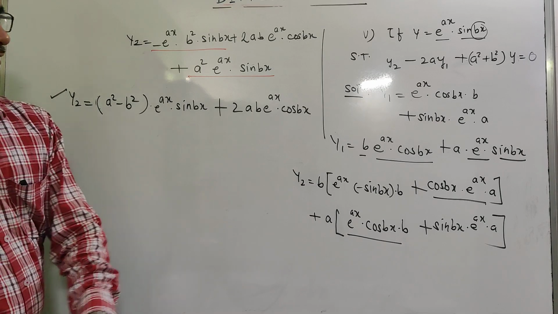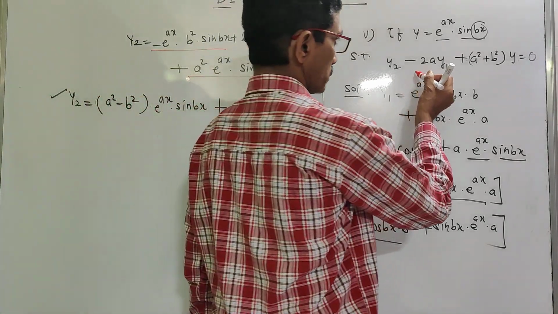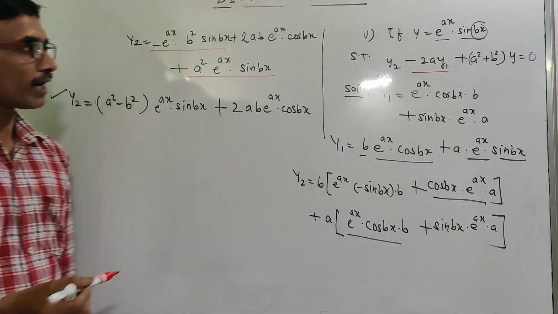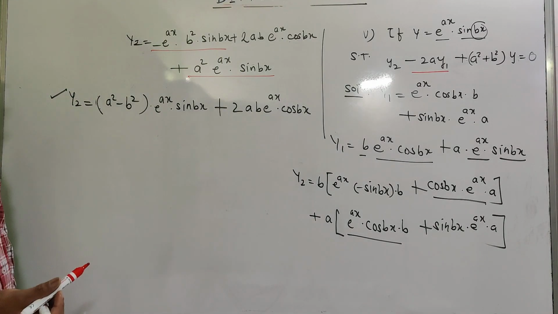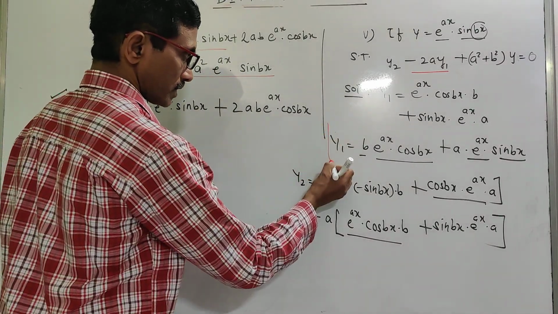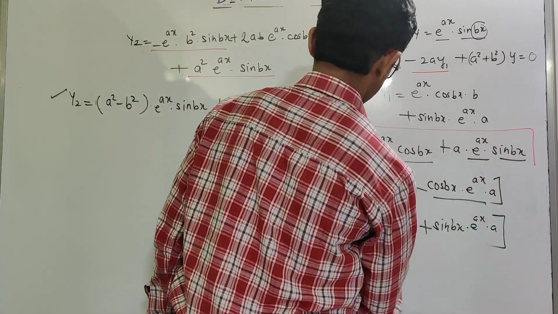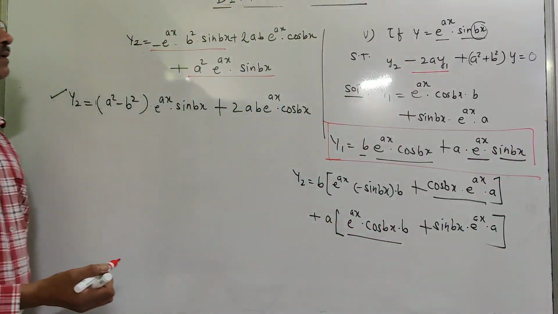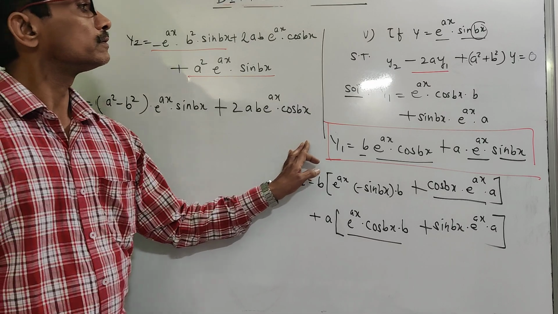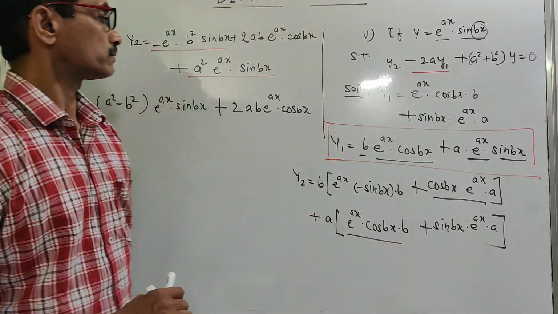Then see, according to this, minus 2a y1, or y1 is this, this is our y1, this is multiplied by 2a and subtract.